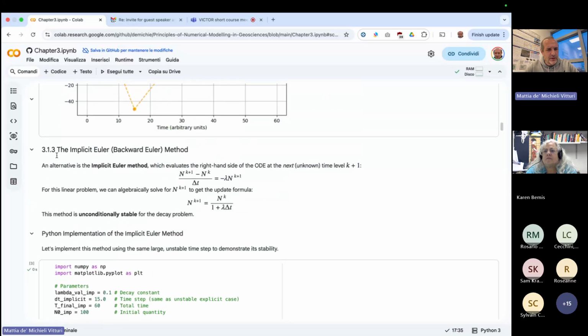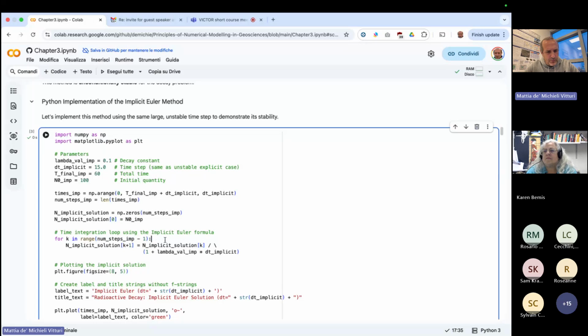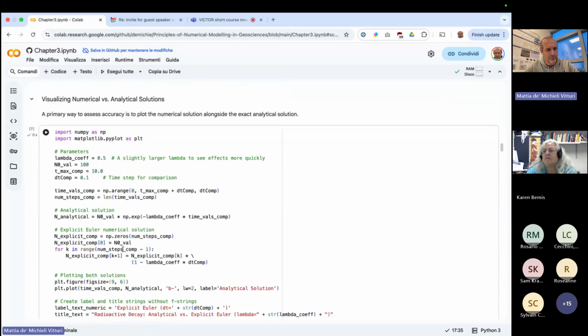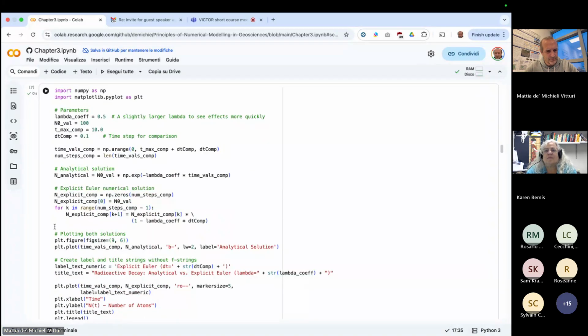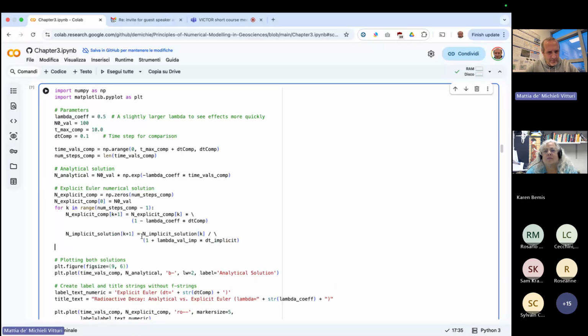let's see, for example, if we do the accuracy analysis for the implicit time scheme instead of the explicit, let's see what we have. So the implicit formula is this one. So I will copy this update formula to this.